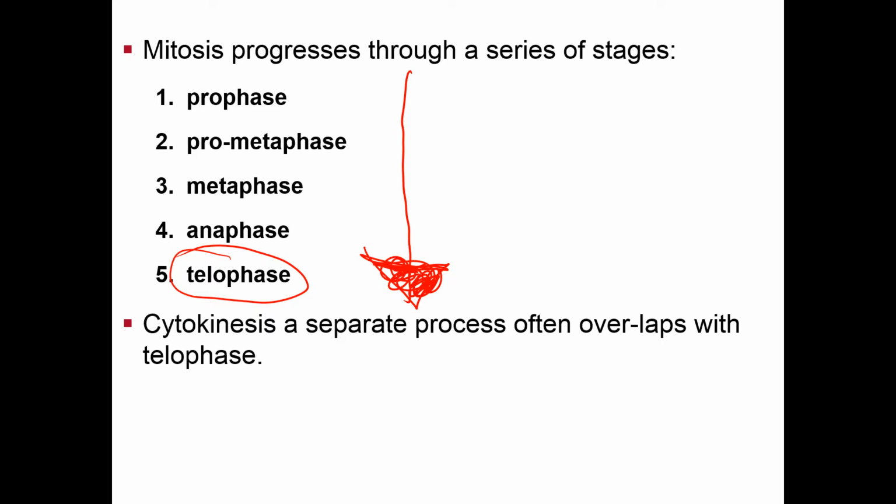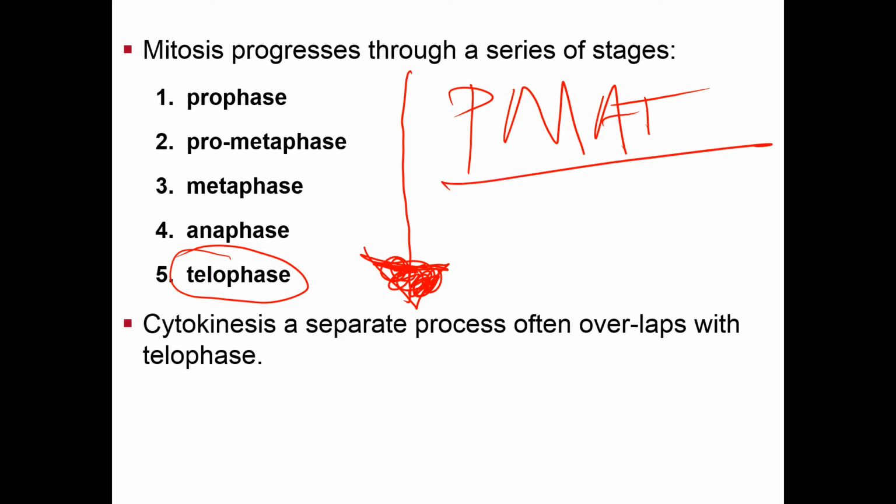A short mnemonic device is PMAT, for prophase, prometaphase, metaphase, anaphase, telophase, the sequence of steps in which mitosis occurs.